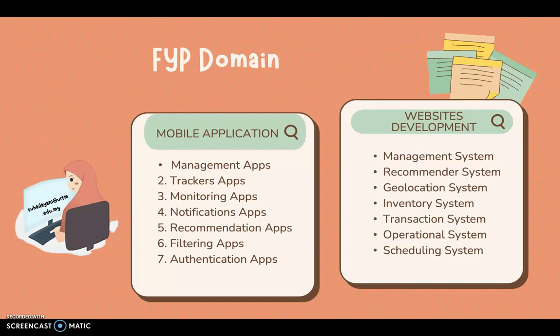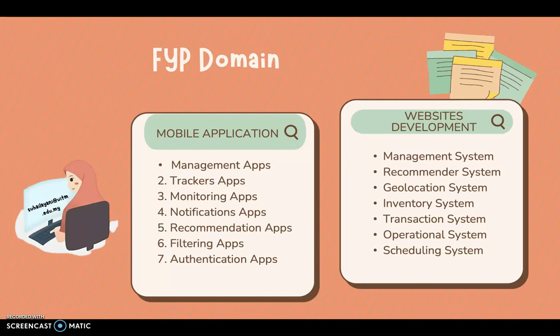Then you can also have a conventional system with notifications. For example, you are sending a push notification, an SMS notification, an alert notification. Any notifications that use mobile apps can be your domain focus.